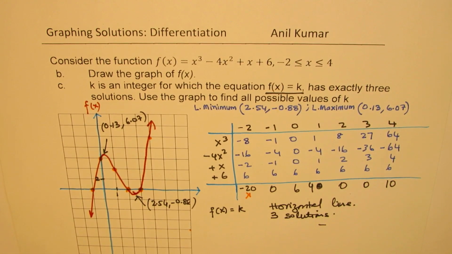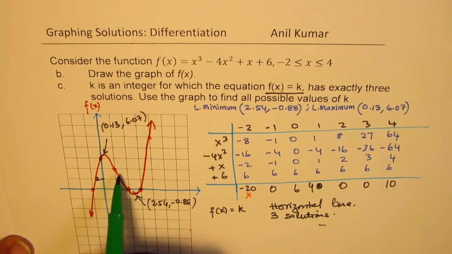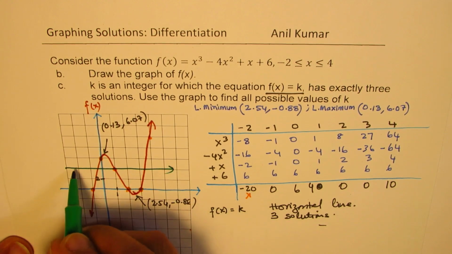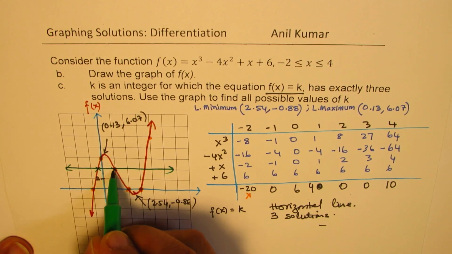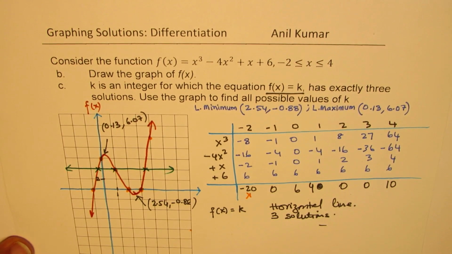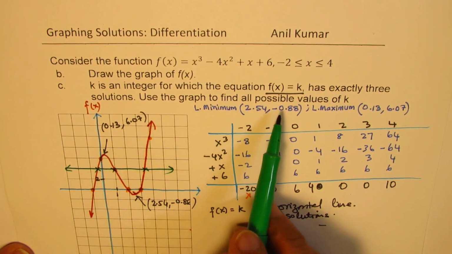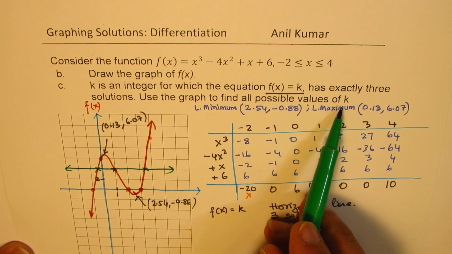That means the horizontal line should go through the values in between the maximum and minimum, right? So that is where you could get a horizontal line, for example, like this, with 3 solutions. Do you see that? So the points of intersection are these solutions. Now we need to use the graph to find the possible values of k.